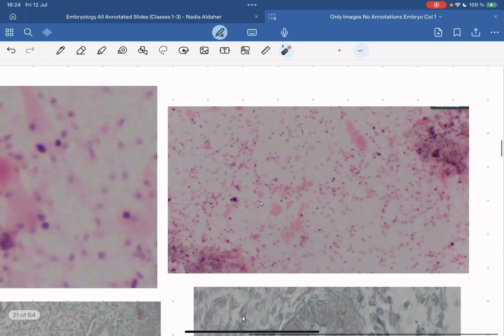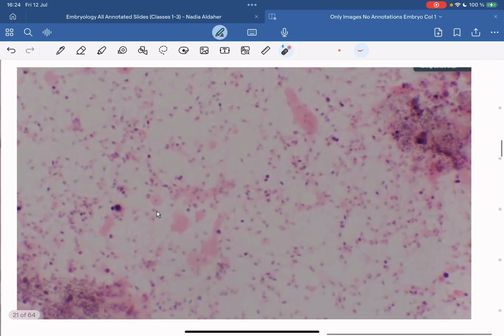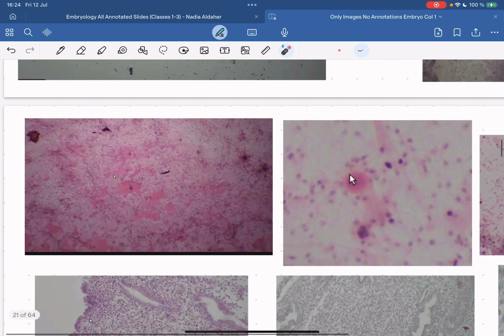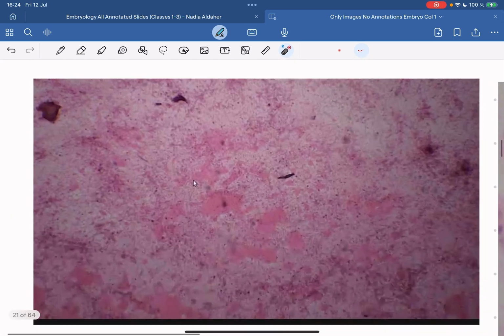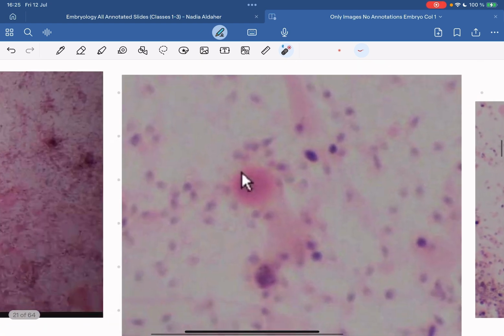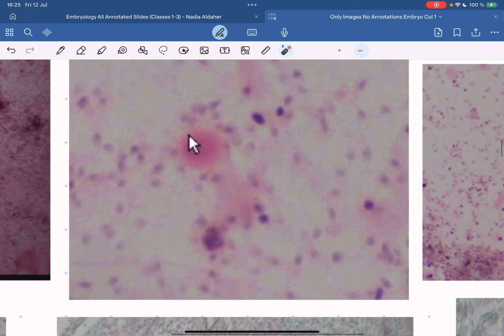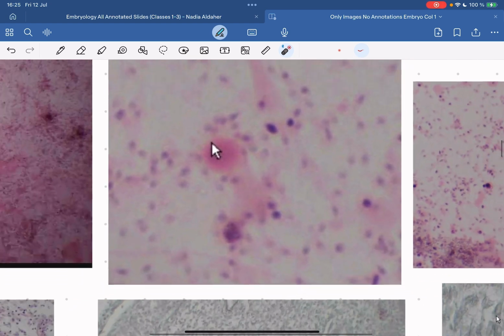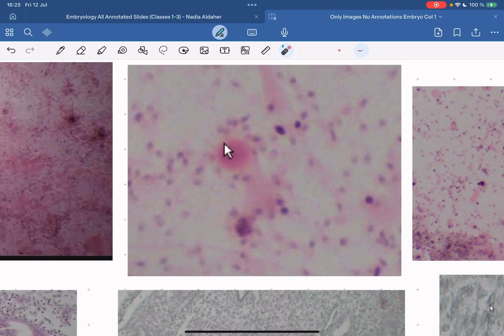So if you see something that looks like this, where it can appear pink, sometimes it can appear grayish as well, something like this zoomed in, and then more zoomed in, you will not be able to see the spermatozoa as clearly as you'd like, especially for human sperm.